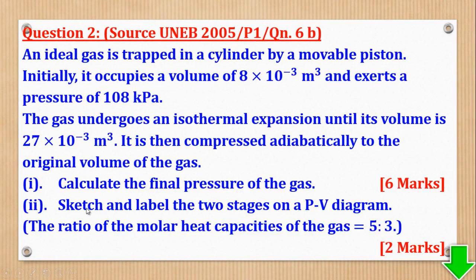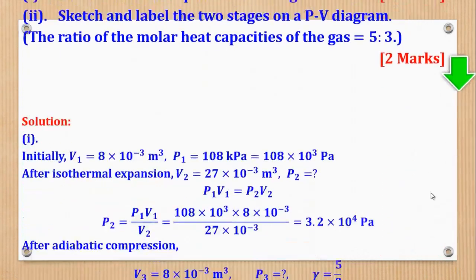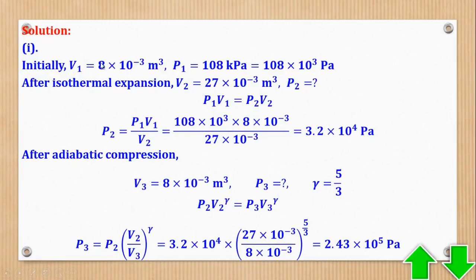Then Roman 2, sketch and label the two stages on a PV diagram. So the good thing, we know initially P is here, V is here. Then after the expansion, P is here, V is here, and after the compression, V is here, P we have got it.